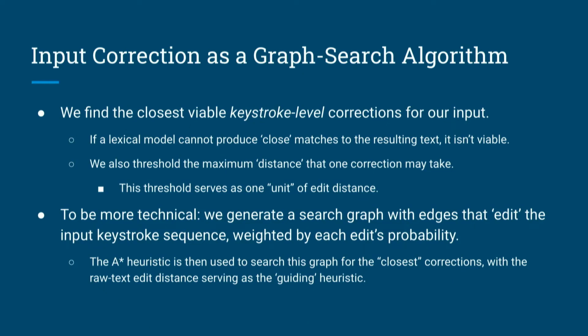So we find the closest viable keystroke level corrections. Something could look really likely, but if I type 3 consonants in a row in standard English, that's not likely to give me any good suggestions unless it's the STR prefix, or maybe CHR. There's a few limited ones where that can work.